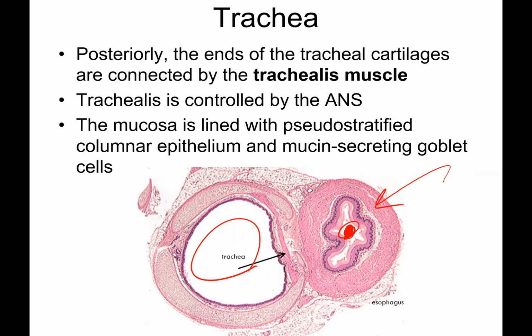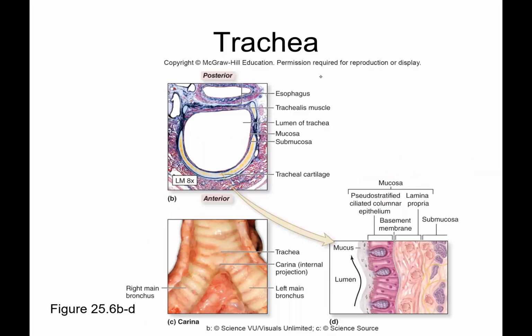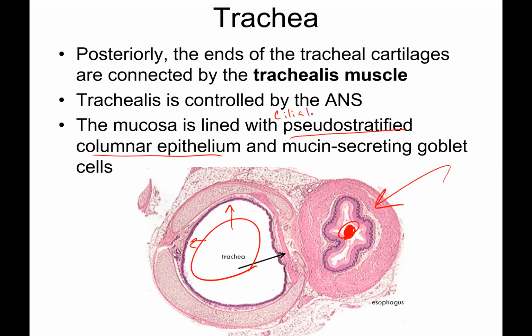The trachea on the inside is made of the pseudostratified columnar epithelium. Me personally, I like to use its full name, which is ciliated pseudostratified columnar epithelium, because you do find cilia that line the inside part of the trachea.